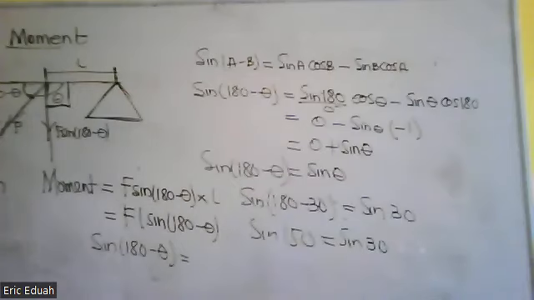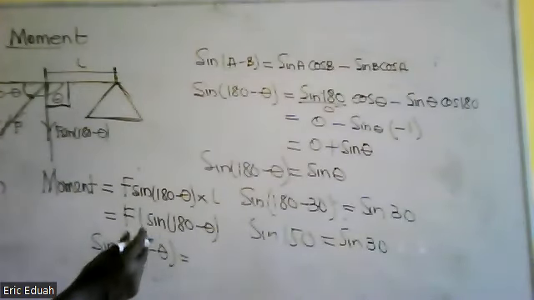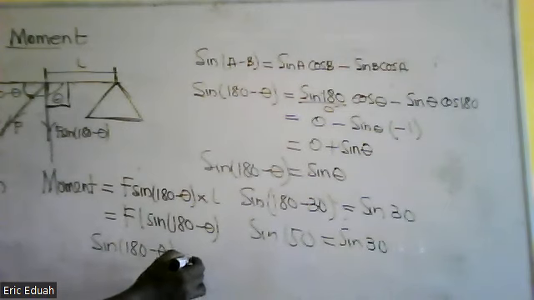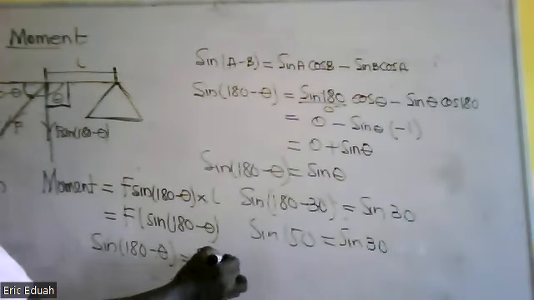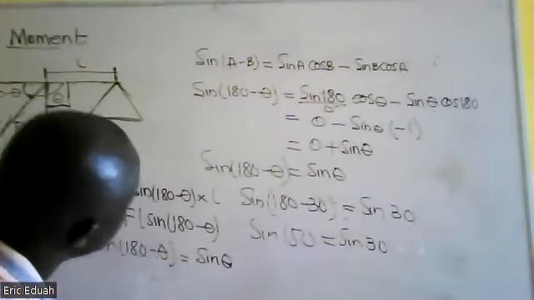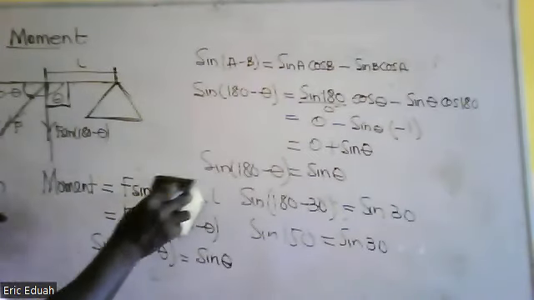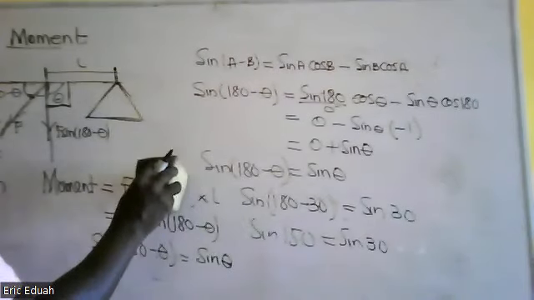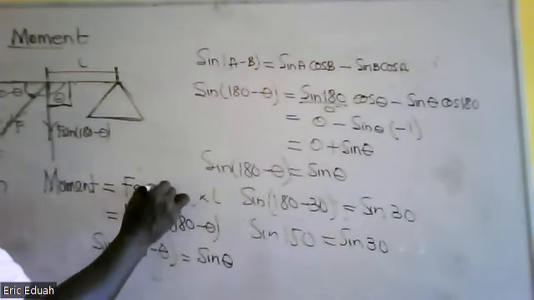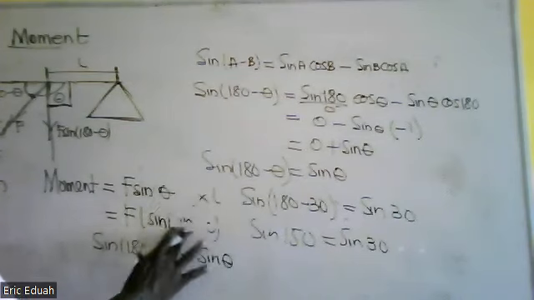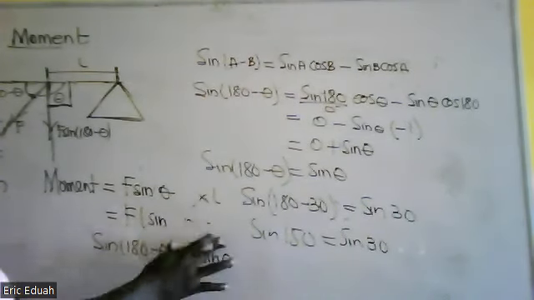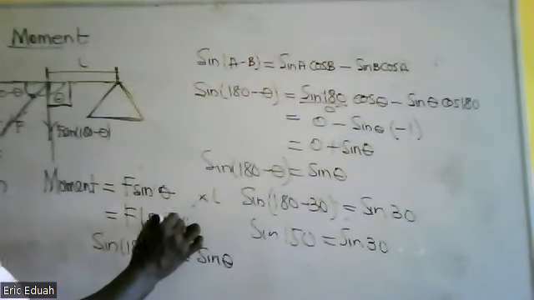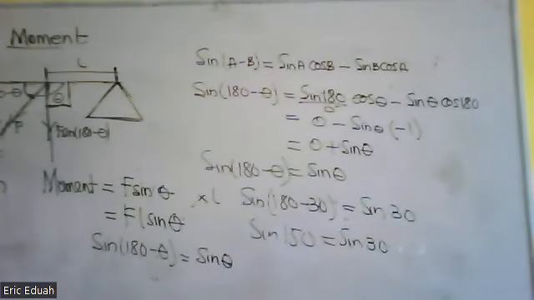Yes, please. Meaning that if sine 180 minus theta is equal to sine theta, then this formula can simply be changed: instead of 180 minus theta, all that we put there is theta. So this is equal to FL sine of theta. Okay.